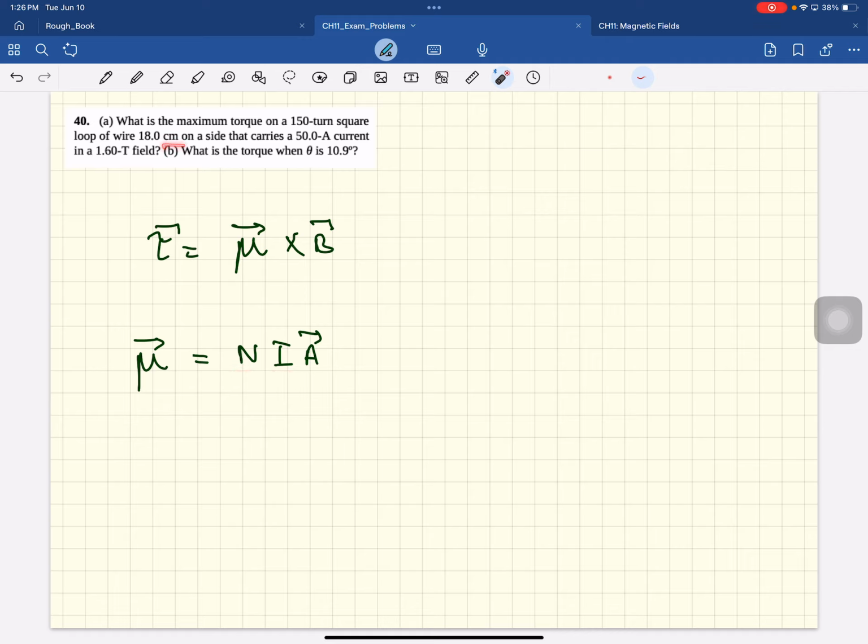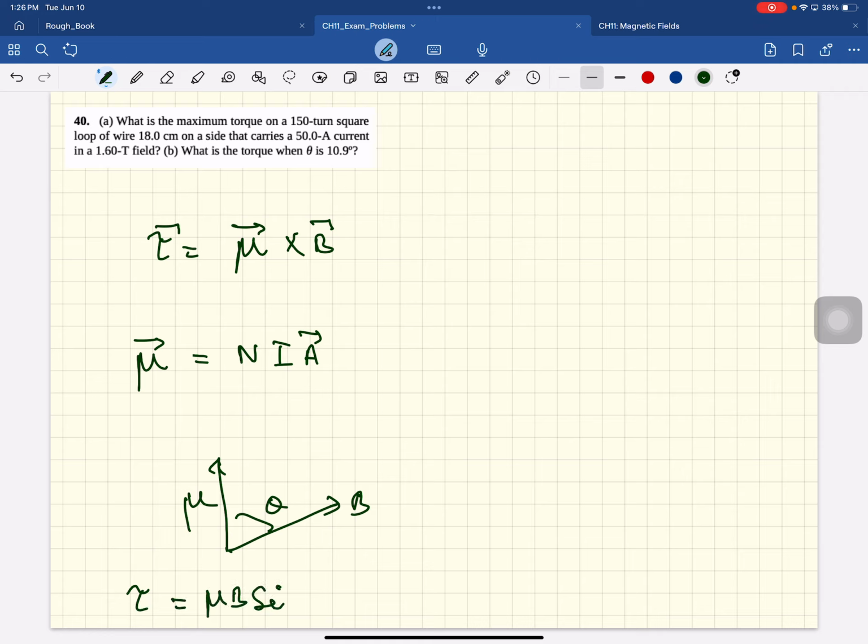And this is a square loop. So max torque is, okay, well, if mu is like that and B is like this, the magnitude of the torque is mu B sine theta. Max torque just corresponds to theta being 90 degrees.